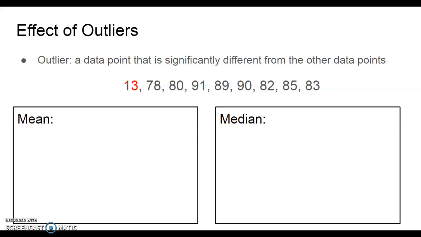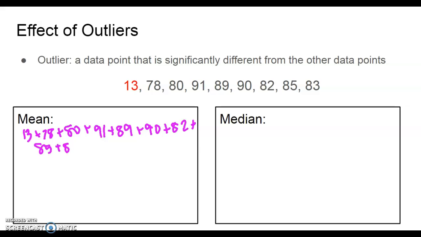So knowing that, first I want to calculate the mean of this data. So we're going to add up all of these data points together. We're going to do 13 plus 78 plus 80 plus 91 plus 89 plus 90 plus 82 plus 85 plus 83. When I do that, let's see what we get.